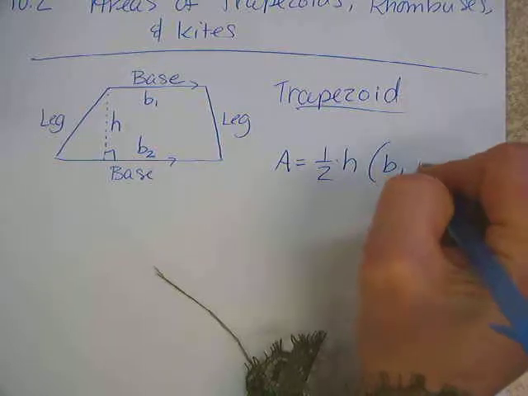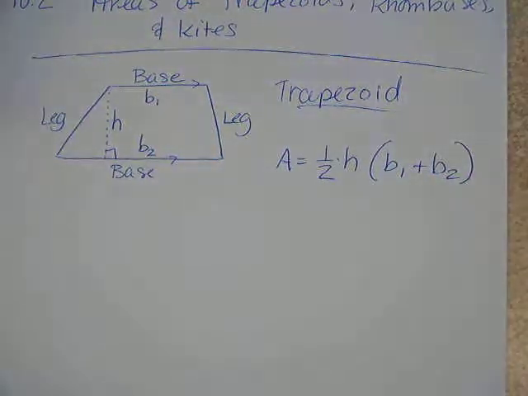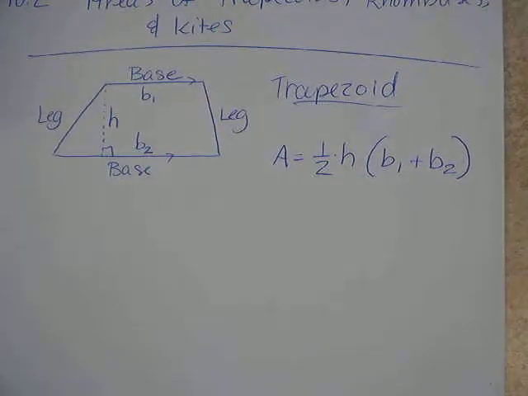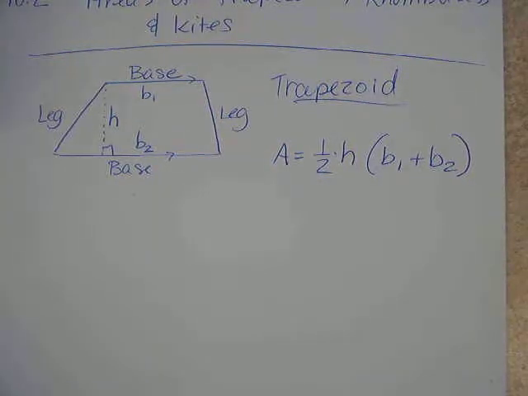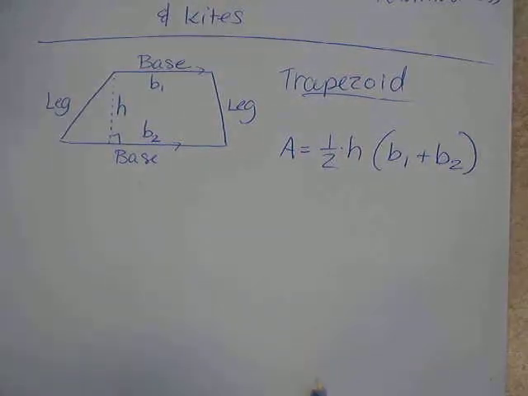So it's 1/2 times the height times the sum of those bases. Is that the same as doing height times the bases, all divided by 2? So you can do this and divide by 2 at the end.